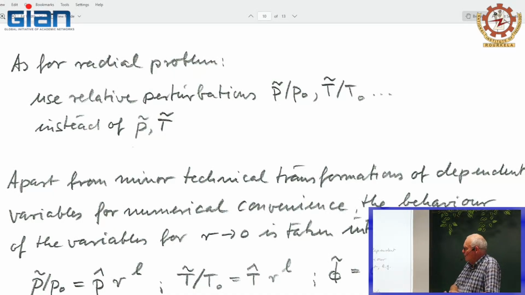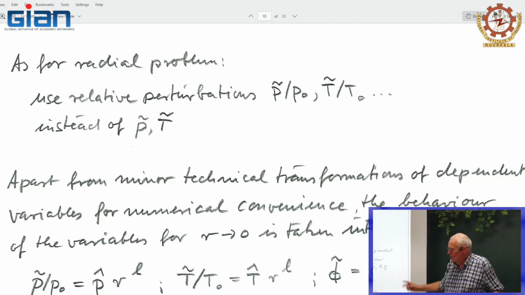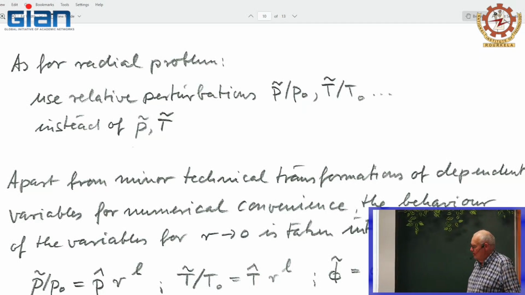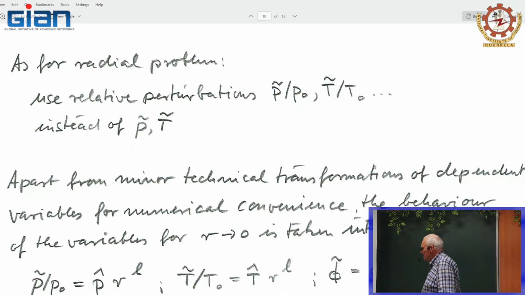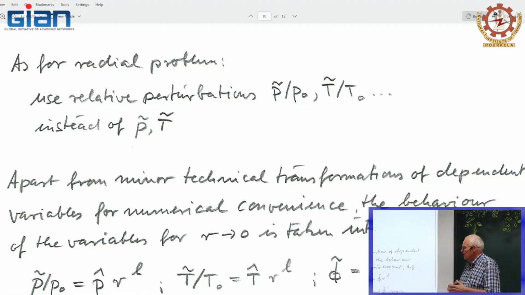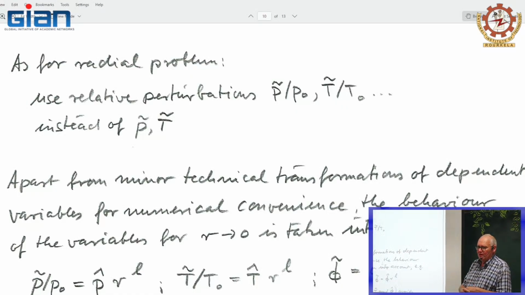This is numerically more favorable rather than having quantities which disappear both at the same time, but their ratio is no longer defined. The ratio of p hat to t hat will be well defined even in the center because they are finite. So that's just a remark concerning the numerical treatment and a proper numerical representation, such that also the center of the star or the regions close to the center are numerically well behaved. Not analytically, it just refers to the numerics.